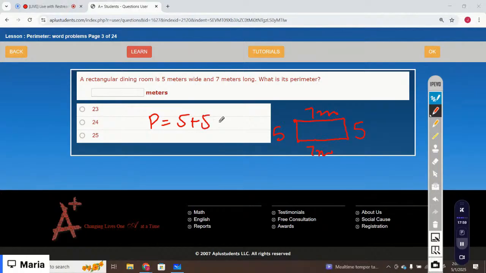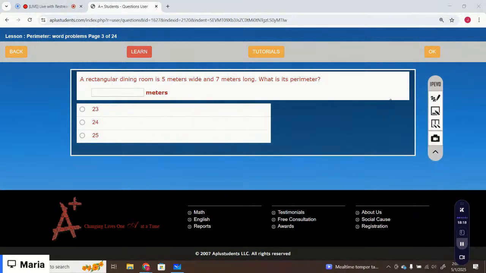So just add 5 plus 5 plus 7 plus 7. So 10 plus 14 is 24. Option number 2 is the correct option. That means the perimeter of the rectangular dining room is 24 meters.